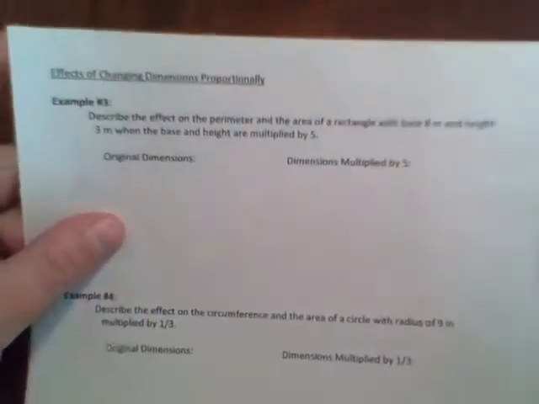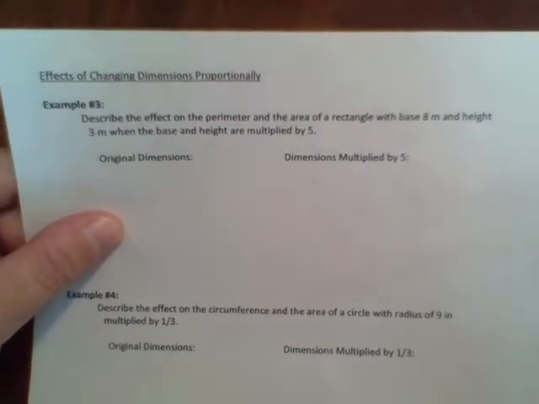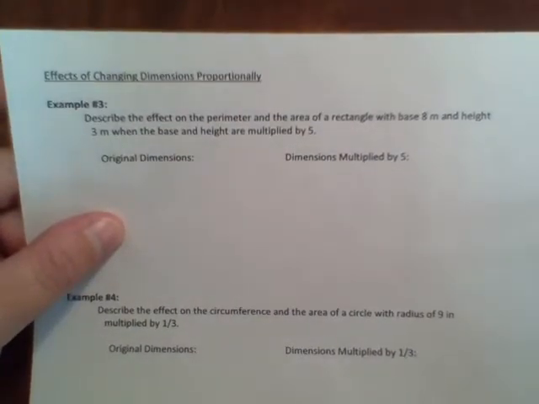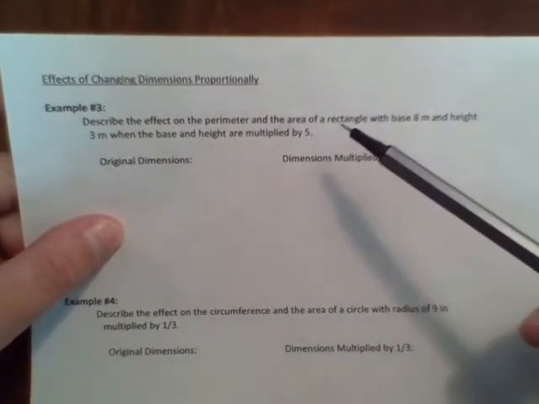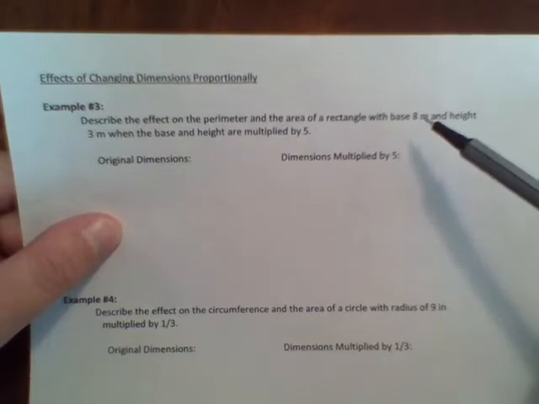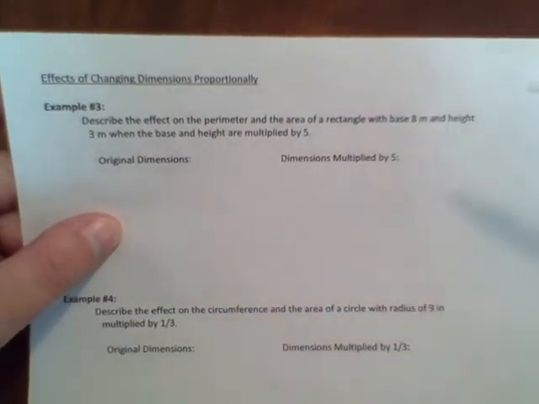Sweet. So the next one here is talking about effects of changing dimensions proportionally, meaning not just one dimension, but all of them. In this case, we're describing the effect on the perimeter and the area of a rectangle with base of 8 and height of 3 when the base and the height are multiplied by 5.